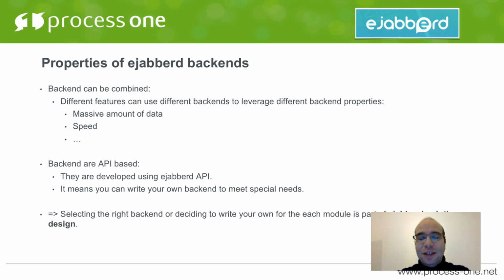So this is also very important: you can architect around existing backends, but you can also write your own backend to be even better and even faster. So selecting the right backend, and deciding to write your own for each module, is part of ejabberd solution design, and it's a very important step, and you need to take that step in your project with a lot of care.